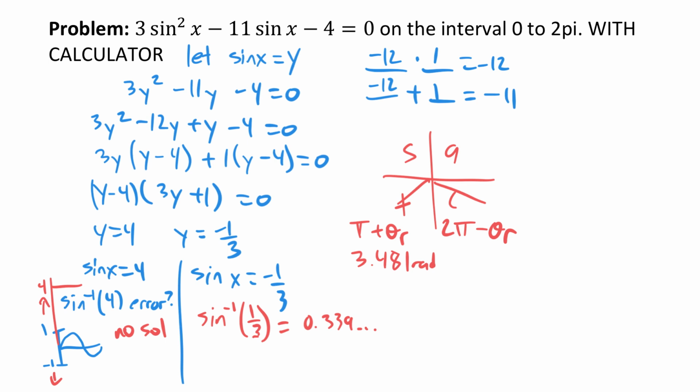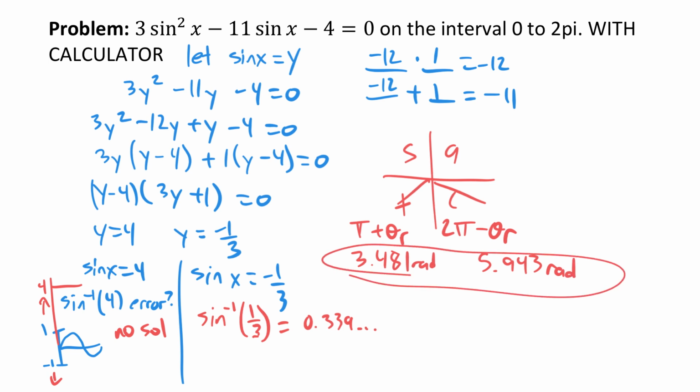Over here, 2 pi minus will be 5.943 rad, and those are our two answers, so we can circle them up. So even though we had a quadratic, and in the end we get these two values of y, this one gave us two answers, but this one gave us no solution, and that's just sometimes what happens.